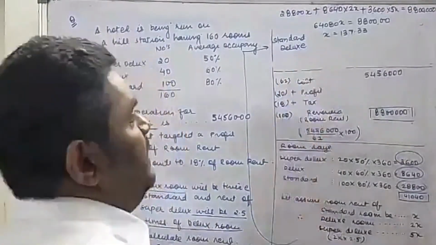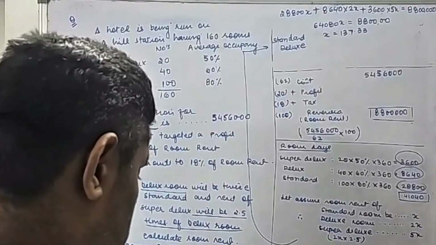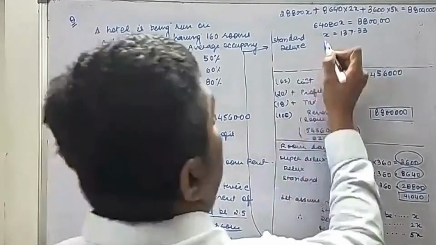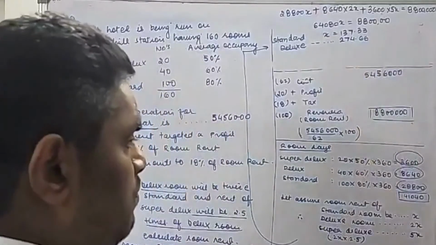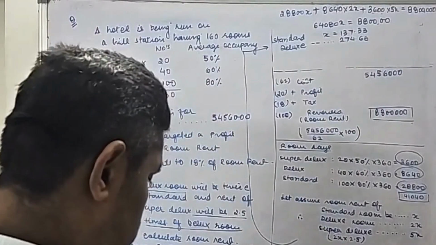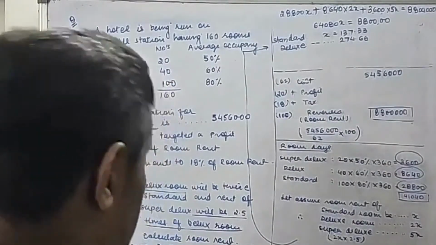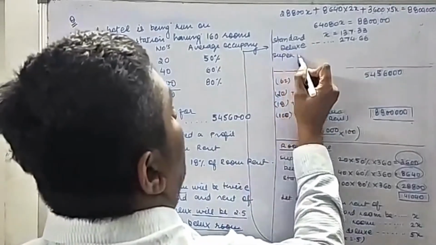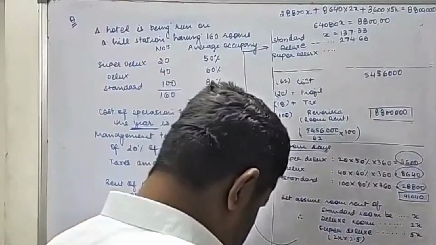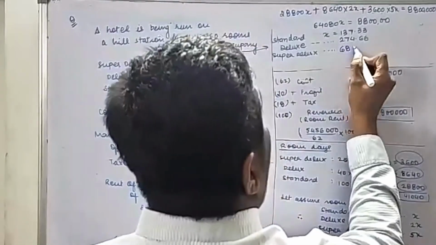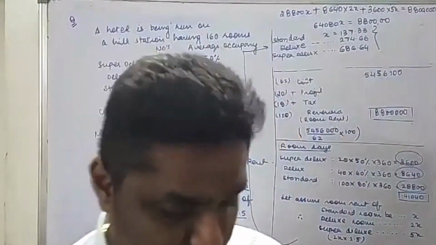Therefore, for deluxe room, it will be 137, 274, and 686.